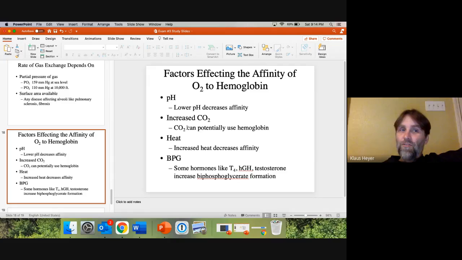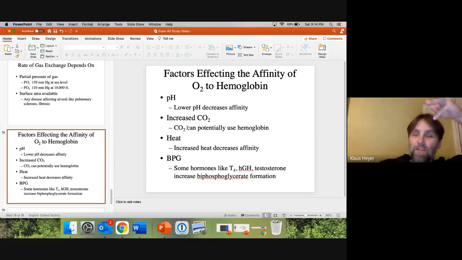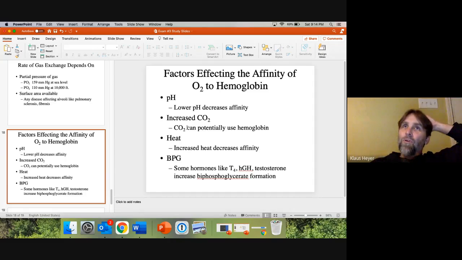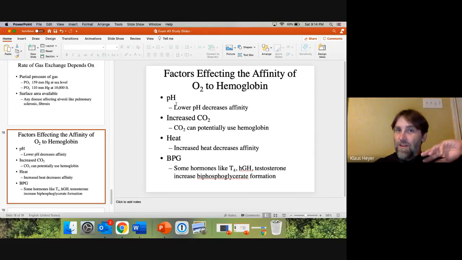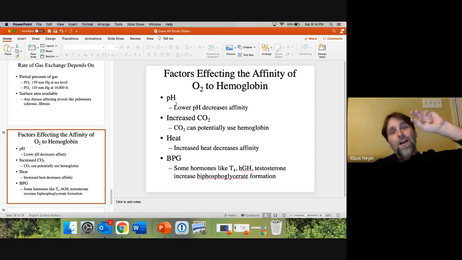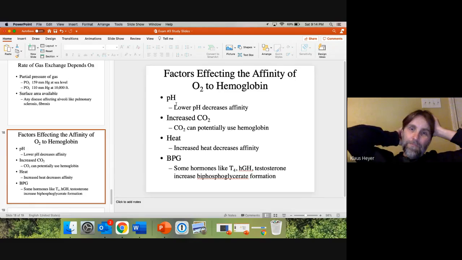And so there's different factors. This is a question as well, right? So there's different factors that, well, the first two are things that you don't want to happen, and your body doesn't want it to happen, right? You don't want your body to have a lower pH. But if your blood's a little bit acidic, that's what's going to happen. The oxygen's not going to stick to the hemoglobin, and then you're not going to be able to deliver oxygen throughout your body, right?